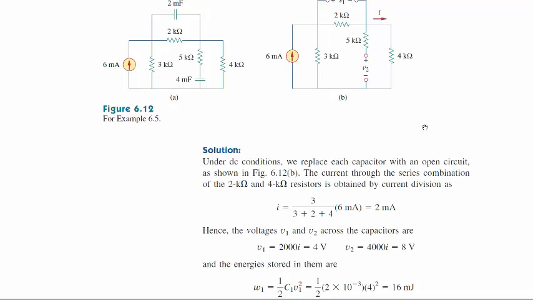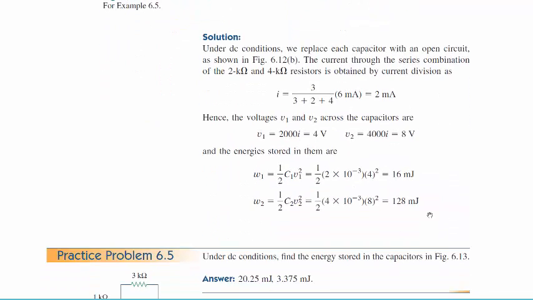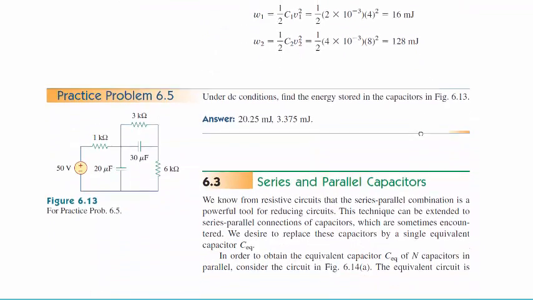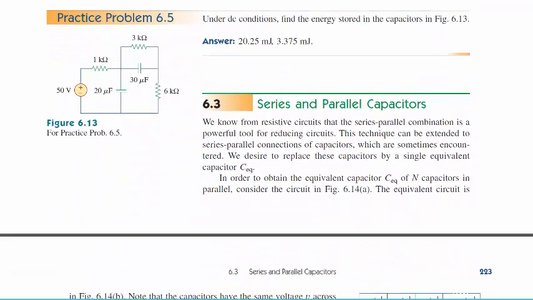That was the only trick, because no current flows here, so there cannot be a voltage drop here. That was the only trick, was conceptually seeing that the voltage across this resistor is the same as the voltage that's shown right there. That's all there was to that problem. It wasn't that bad. So now let's talk about the series and parallel capacitors.